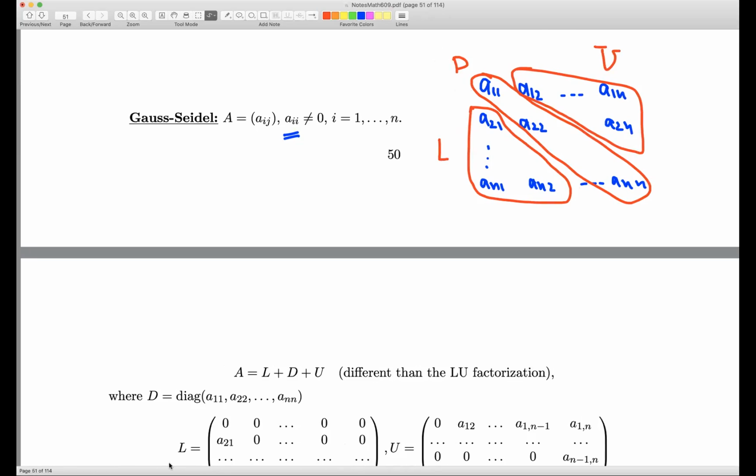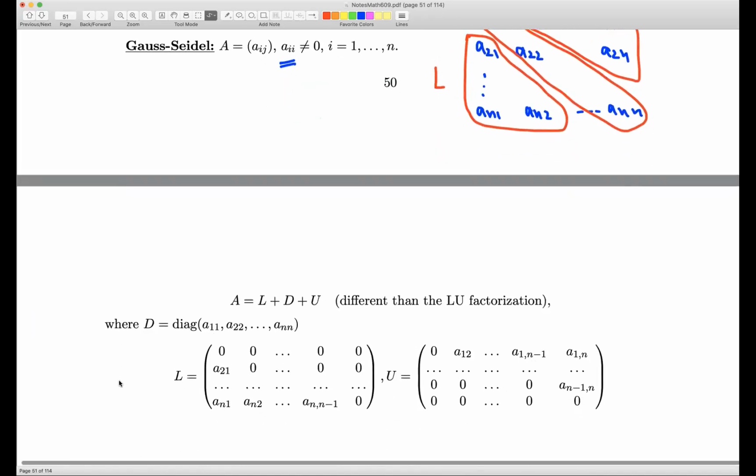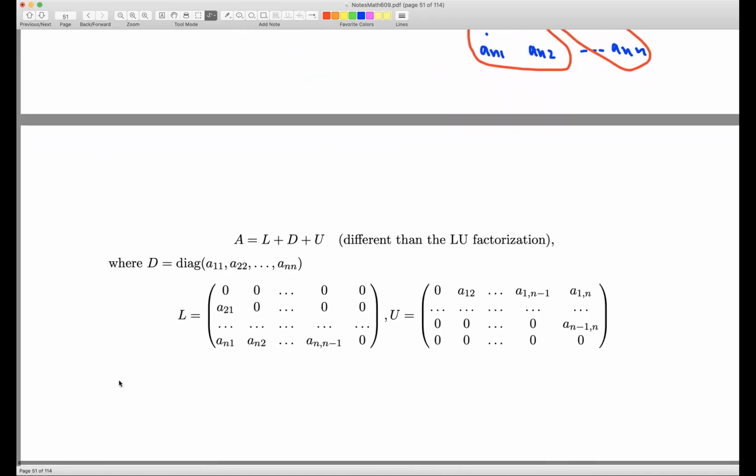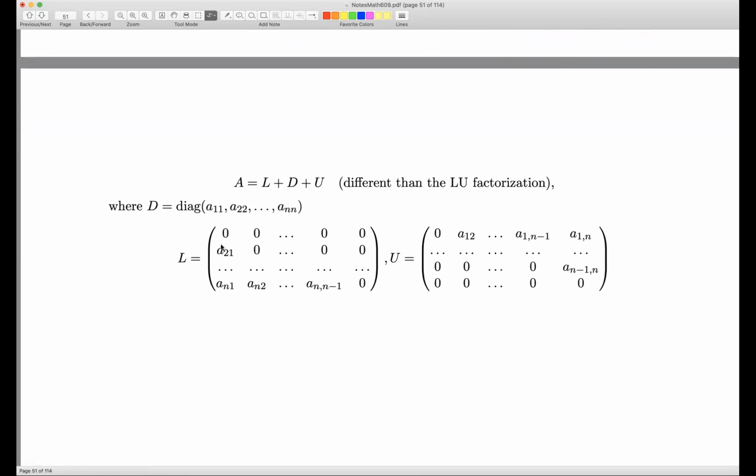And so here I had written what they are, the same as before. So this is the lower part of the matrix A, everything strictly below the main diagonal. This is the upper part of the matrix A, everything which is strictly above the main diagonal.